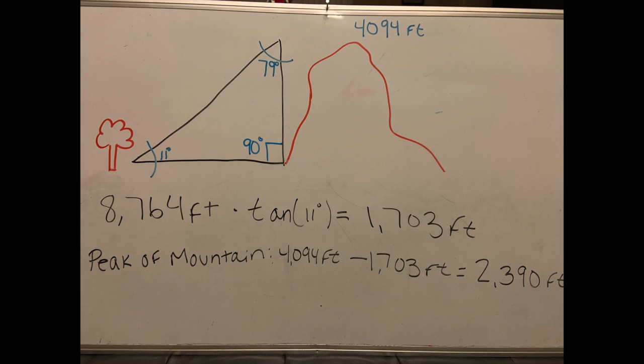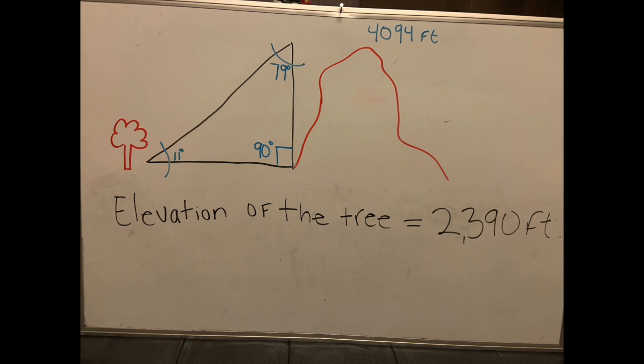Subtract that from the elevation of the peak of the mountain, which is 4,094 feet. 4,094 minus 1,703 feet gives 2,390 feet, which is the elevation of the tree.